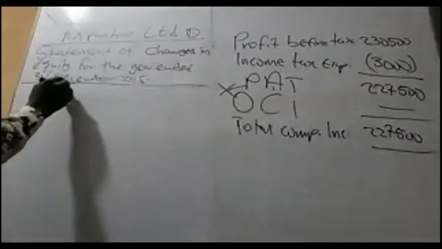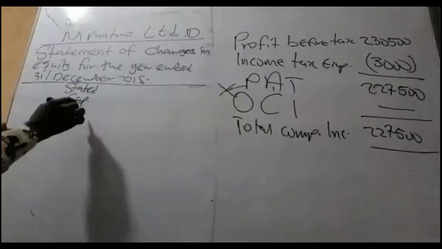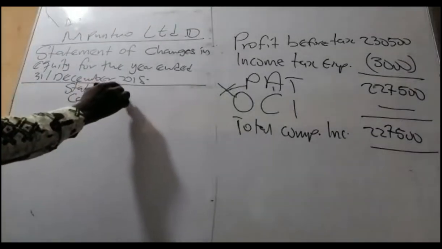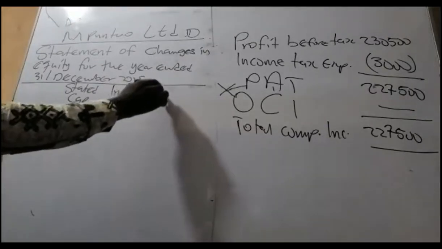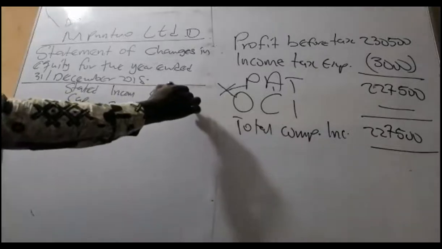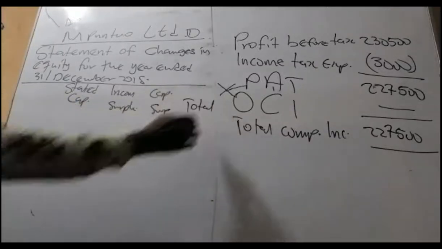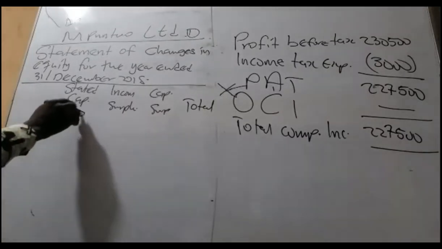The stated capital here. So stated capital, income surplus, capital surplus. And then bring the total. How we get it. Then don't forget your currency, the three protocols.